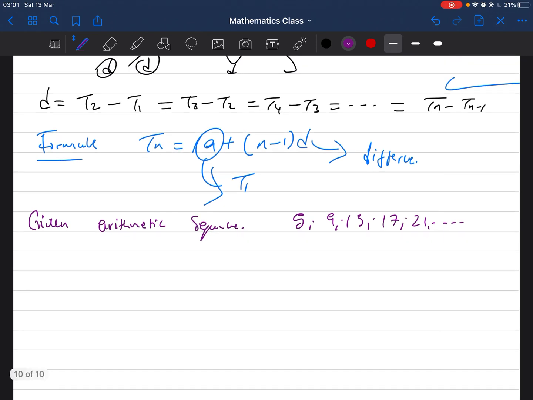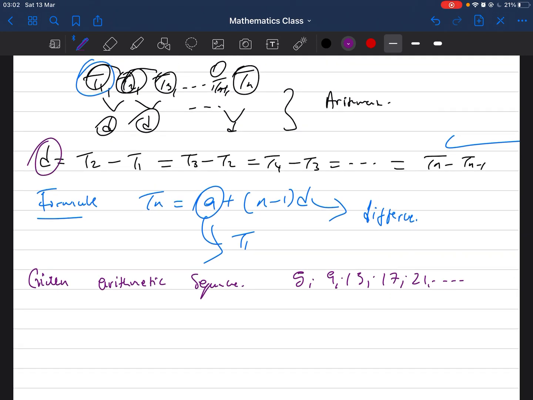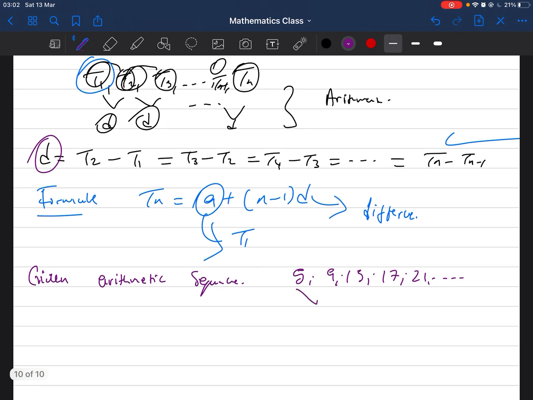So the first thing is to find your difference. How to find a difference? The difference is the difference between these two terms, which is 9 minus 5, which is 4.